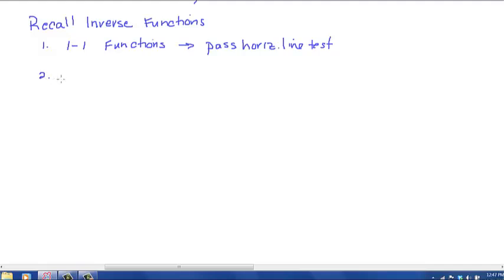Number two, graphs of functions and their inverses are symmetric with respect to the line y equals x.